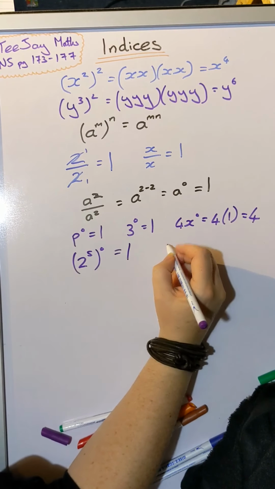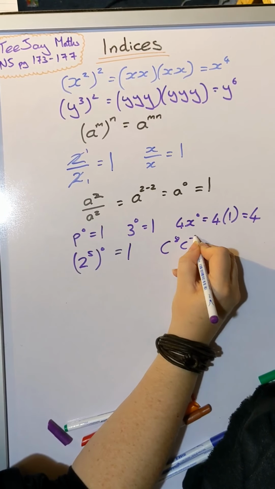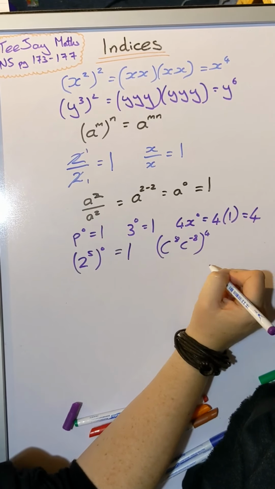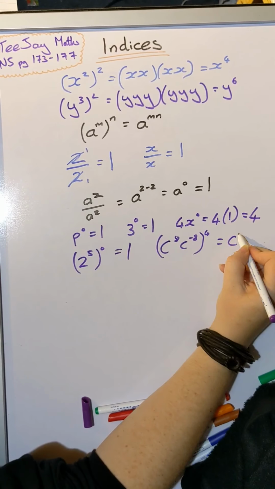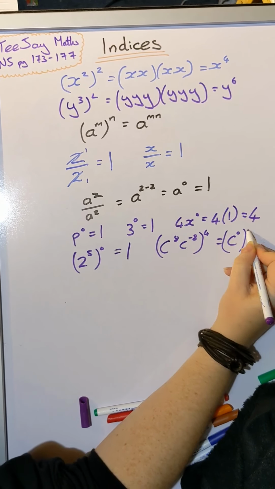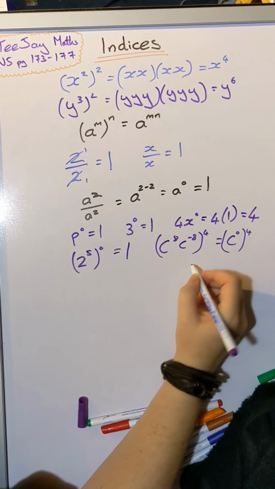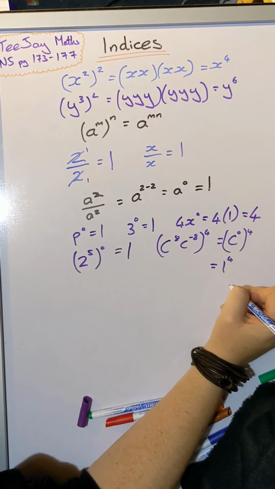If I had c to the power 8 times c to the power minus 8, all to the power 4, what I actually have there is c to the 8 minus 8, which is 0, to the power 4. Which actually gives me 1 to the power 4.